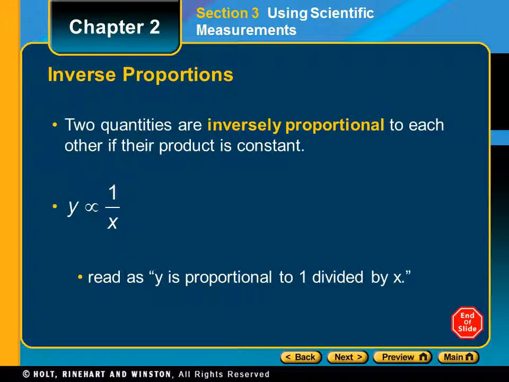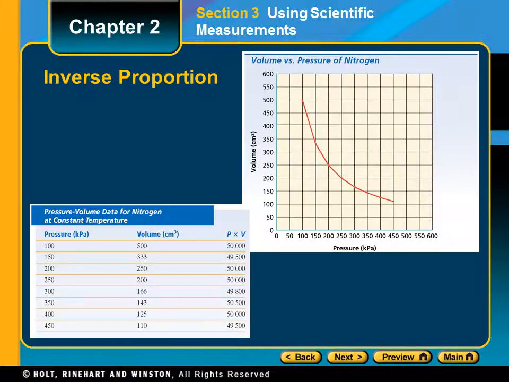So we read that y is proportional to 1 divided by x. And what that looks like here is, again, your constant, in terms of pressure times volume. Notice over on the right hand column, pressure times volume, you're always getting an answer of around 50. And the graph for an inverse proportion is going to look like the red line there.